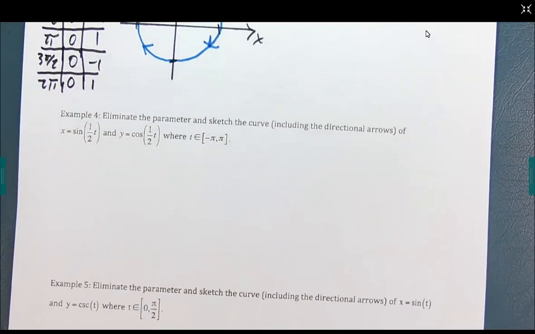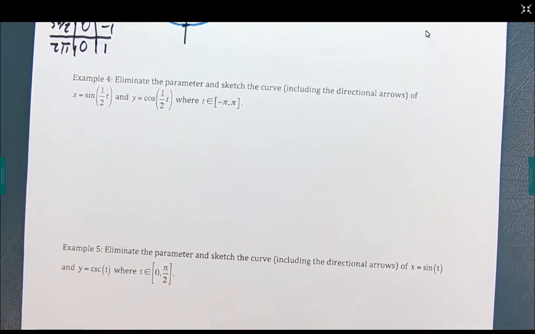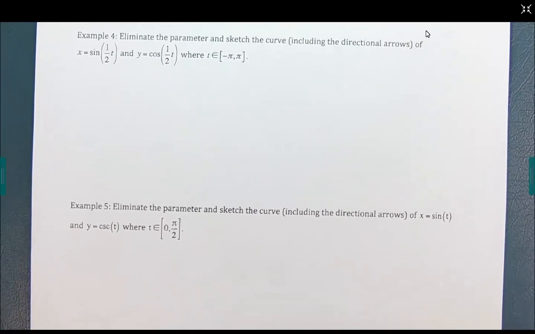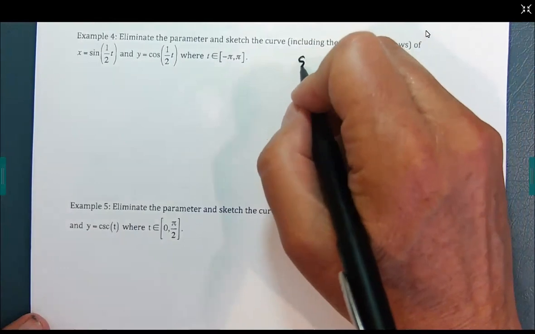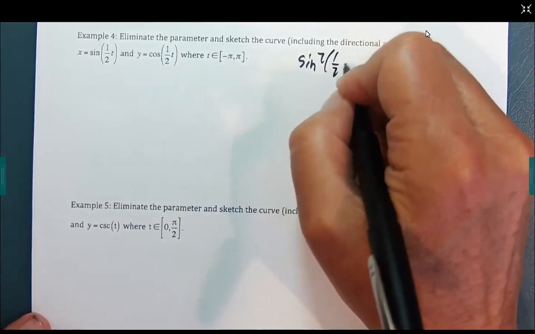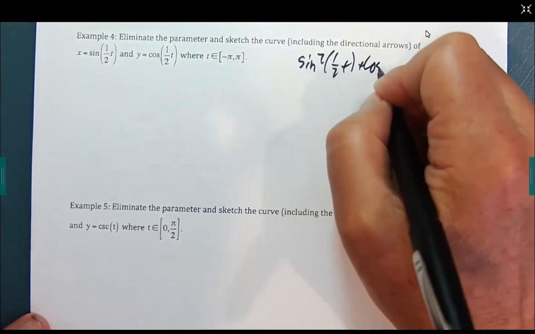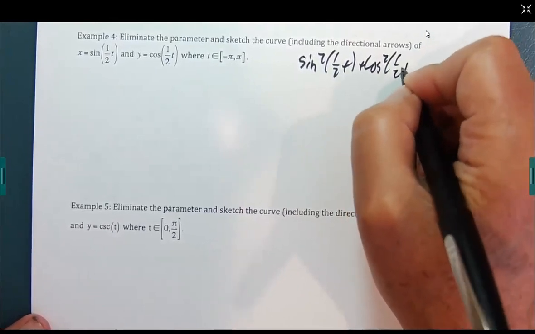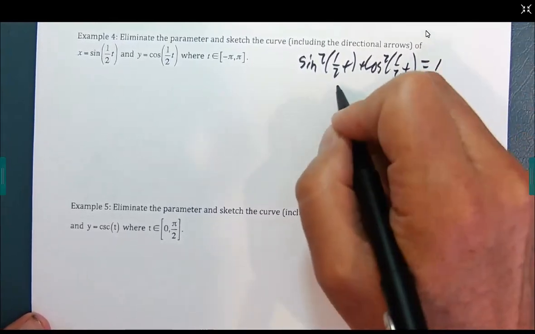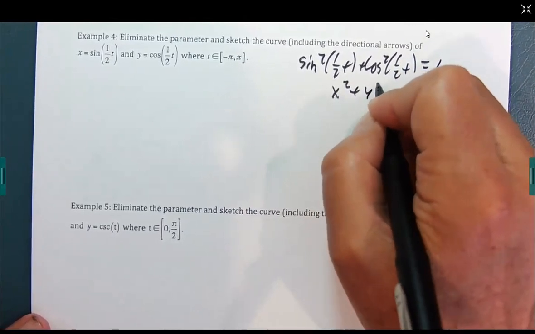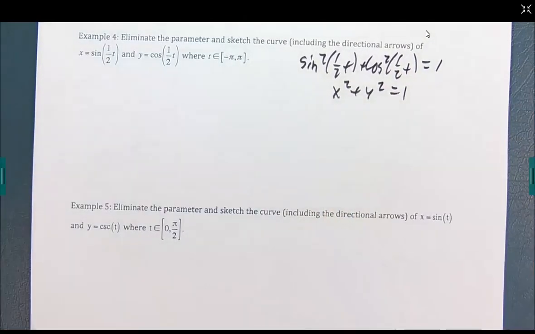However, we're going to come up with yet another unit circle. So once again, sine squared of 1/2 t plus cosine squared of 1/2 t is going to equal 1. Again, this is x squared plus y squared equals 1. So once again, we have the unit circle.